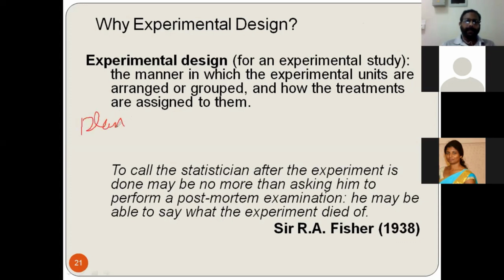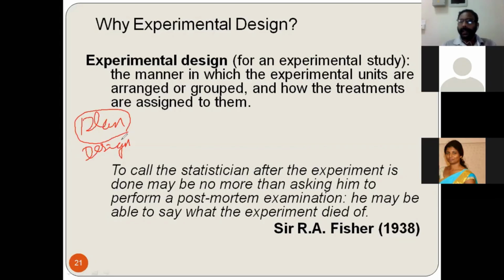So how do you draw a plan? Based on some kind of design, isn't it? I want the study room here. I want the kitchen here. I want the living room here. I want the bedroom here. I want the toilet here. So it is a kind of design. Based on the design, we prepare the plan.